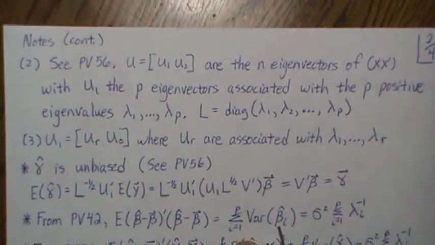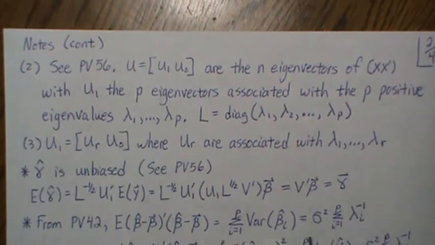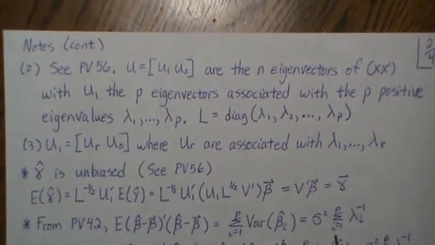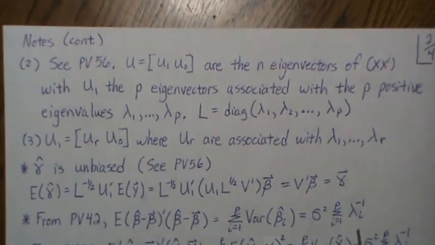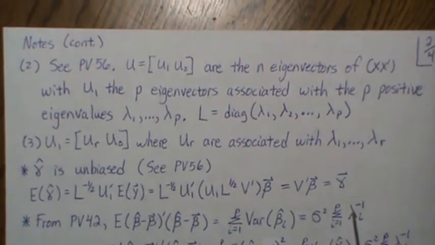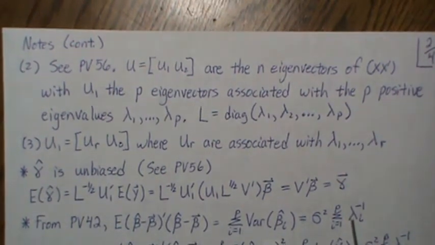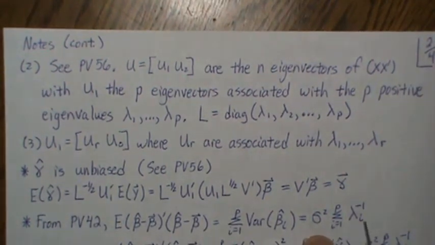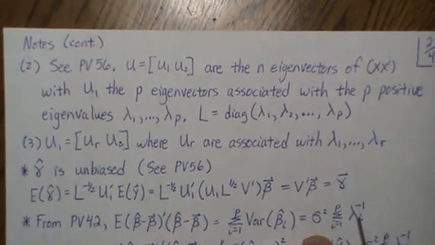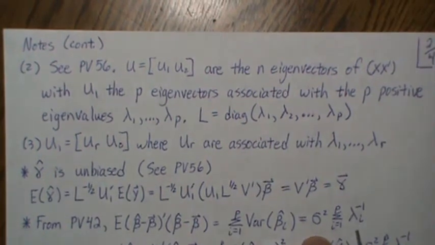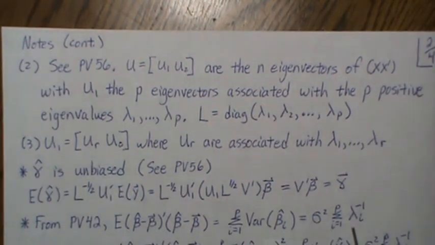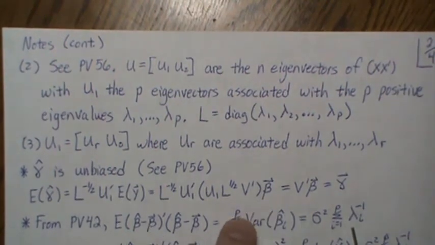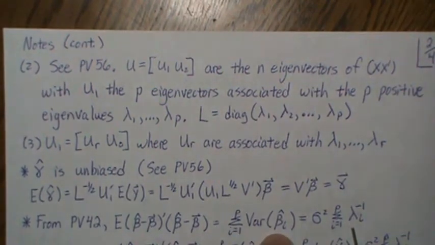So it's the sum of the variances of the least squares estimates, and it was sigma squared times the sum from 1 to p of 1 over lambda I. So if there's multicollinearity, some of these eigenvalues are really small, and 1 over a small number is quite large. So when we have multicollinearity, it inflates the variances associated with these least squares estimates.